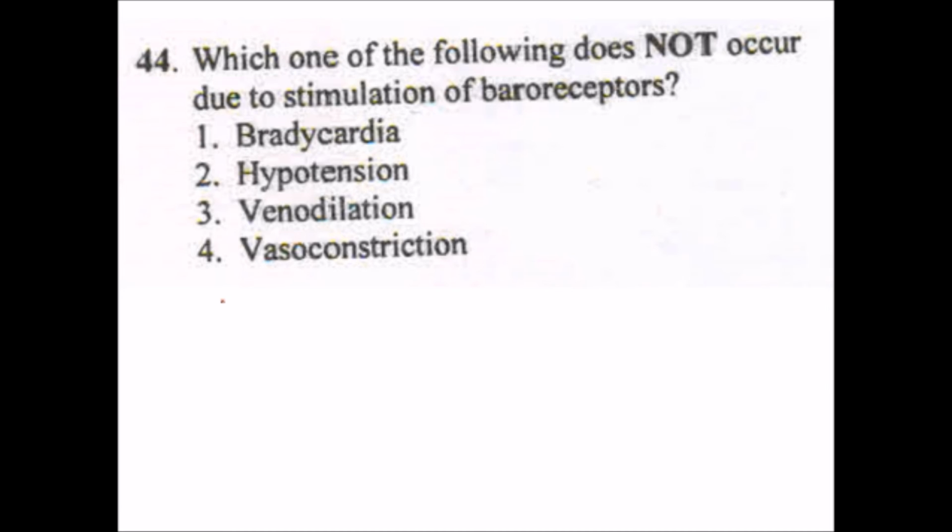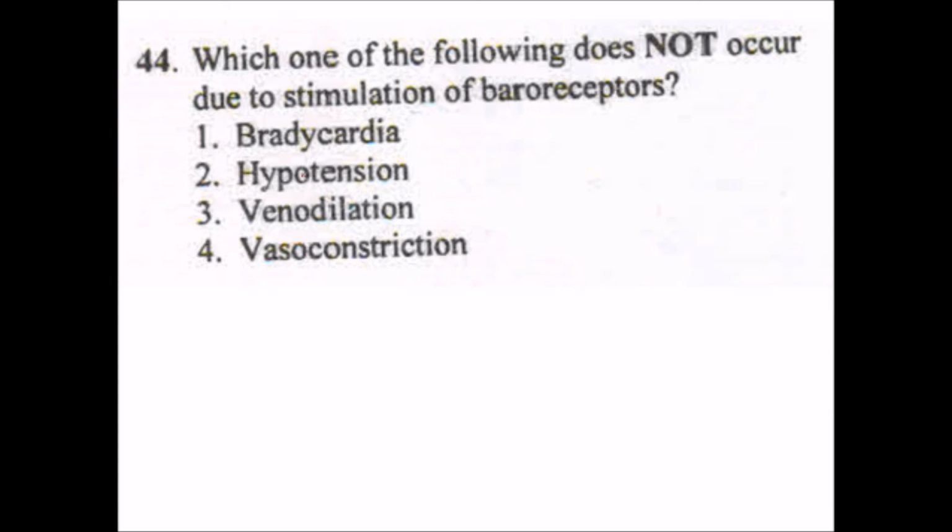Yes, this question. The question is, which of the following does not occur due to stimulation of baroreceptors? Actually, baroreceptors are situated on the inner wall of the arteries, which control the pressure of the blood by controlling the volume or the heartbeat.